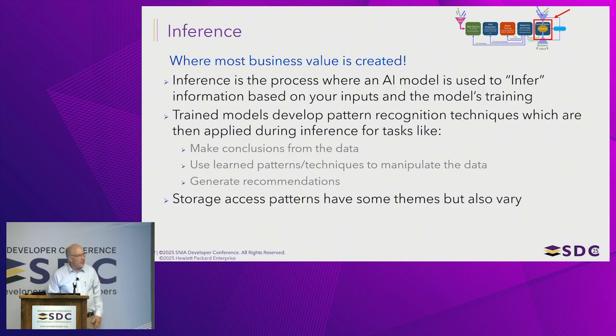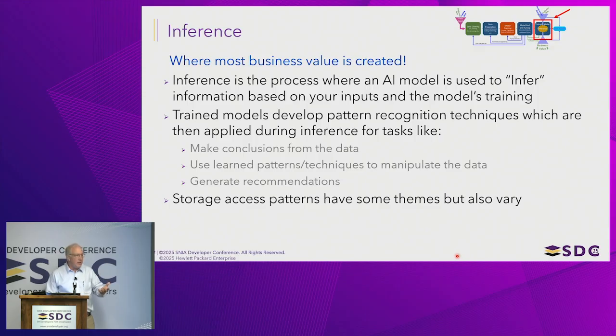The really super simple abstraction here, I've had a lot of people ask me, how does AI do this? My summary is that during training you're training pattern recognition techniques. You show them patterns over and over and over, data in and results, and your AI models tend to generate a pattern recognition so that they can make conclusions from the data.